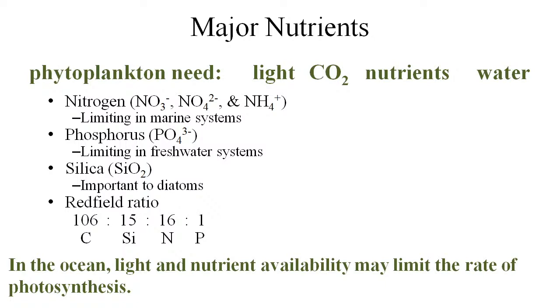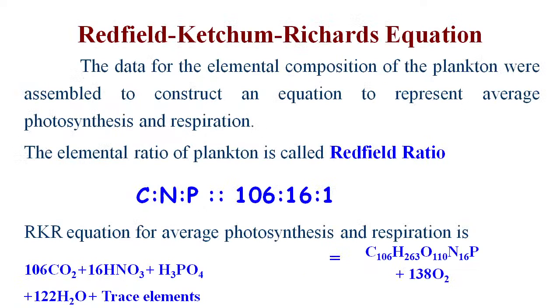C:N:P is 106:16:1. Silicate is also required in an equal amount, so N to silicate is almost 1:1. So if any of them is not there in the water column, no matter how much of the other constituents are available, productivity will not take place.